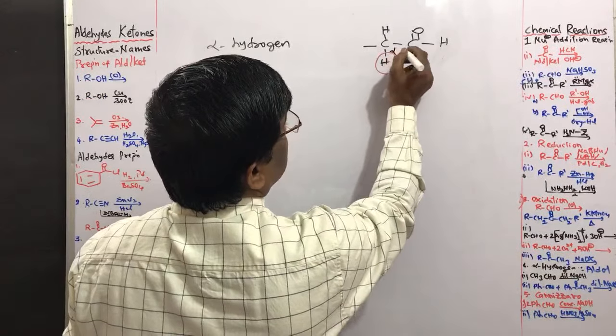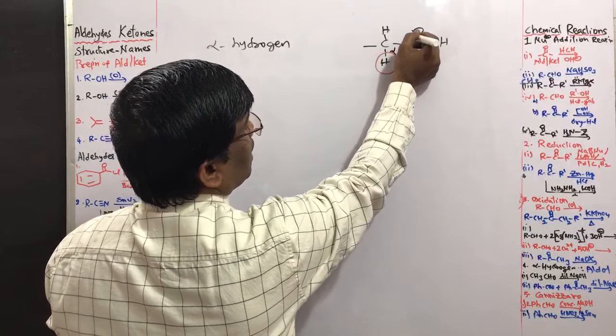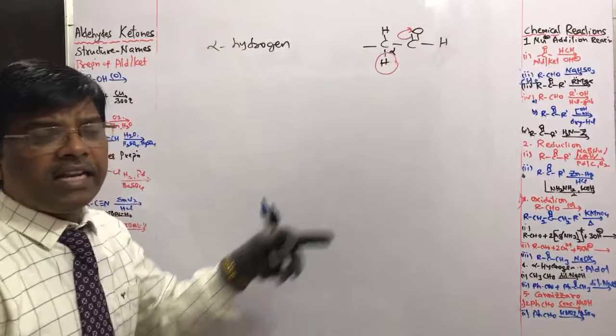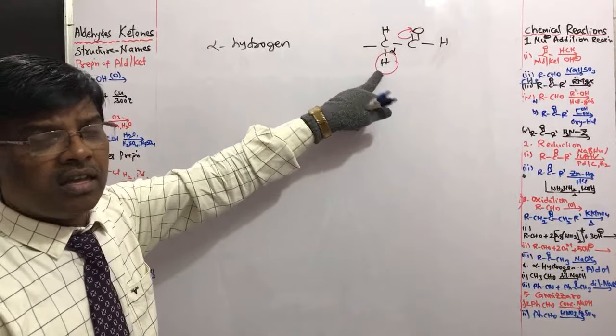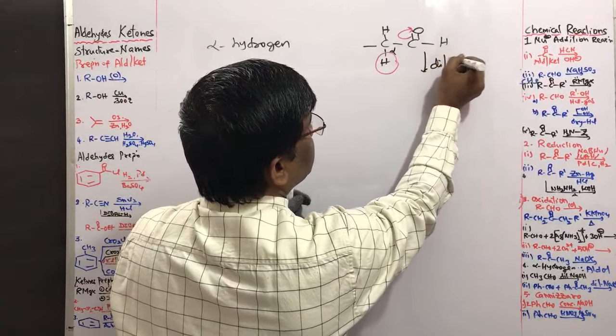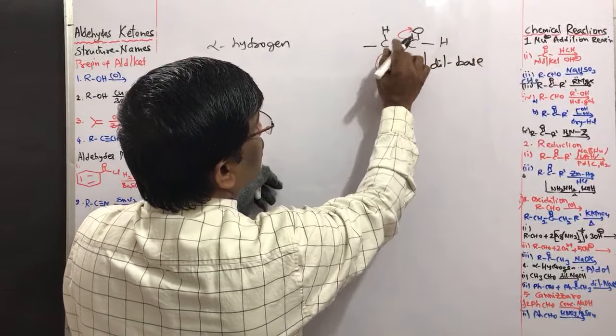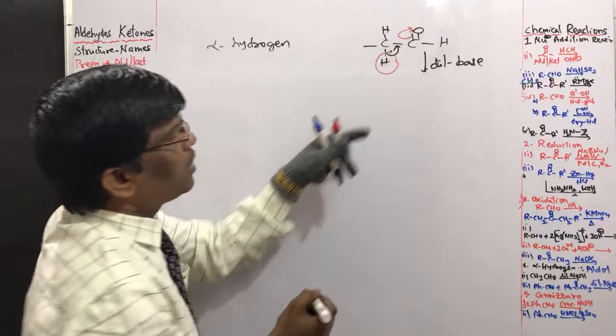This hydrogen which is alpha to the carbonyl is labile and is an acidic proton. In the presence of a mild or dilute base, the alpha hydrogen is going to be lost.